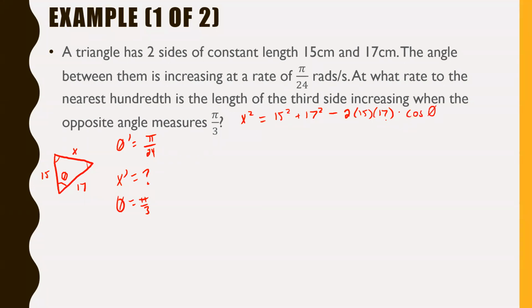Now, the reason I filled in 15 and 17 here, but I didn't fill in theta, is because theta can change. It is increasing at a rate of pi over 24. These other two sides, though, they're constant, they are set in stone, no ifs, ands, or buts, right?